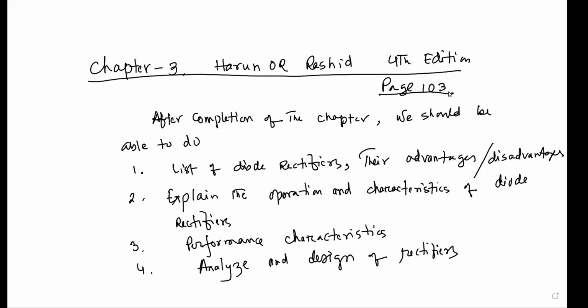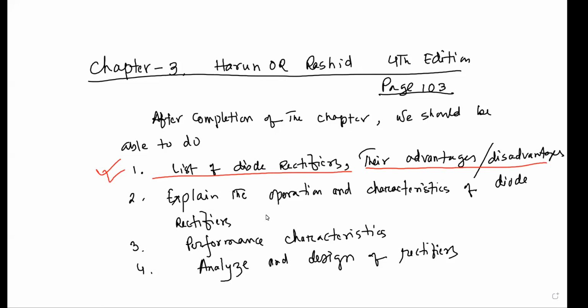So after the end of this chapter, we should be able to do these things. We'll be able to do the classification of the diode rectifiers, and figure out the advantages and disadvantages of those different types of rectifier.